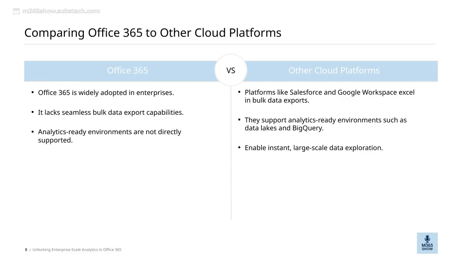These features make them very attractive for organizations that need quick access to vast amounts of data for analysis. However, Office 365, despite its widespread adoption in enterprises, doesn't offer the same seamless bulk data export capabilities. It also doesn't natively support analytics-ready environments, which can be a limitation when trying to perform large-scale data analysis.